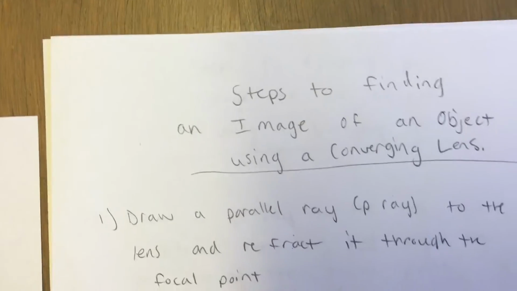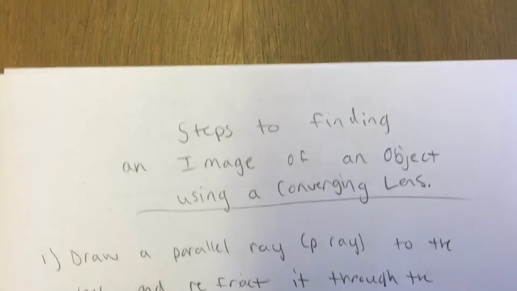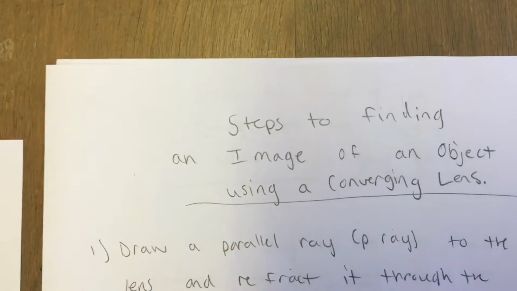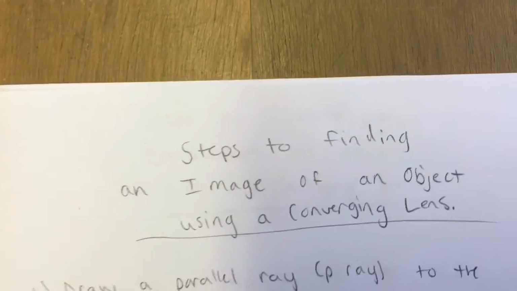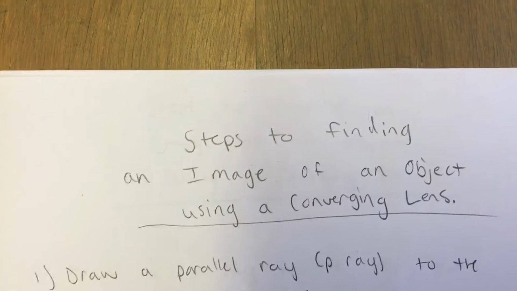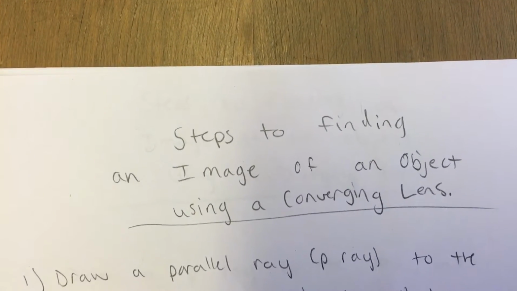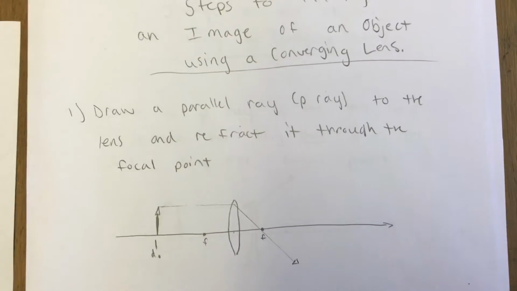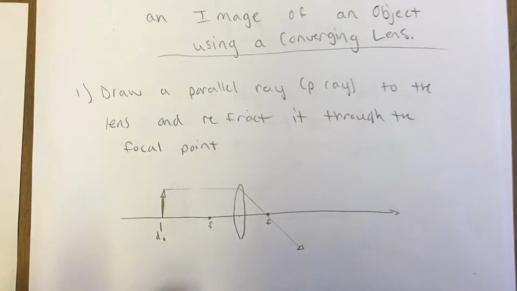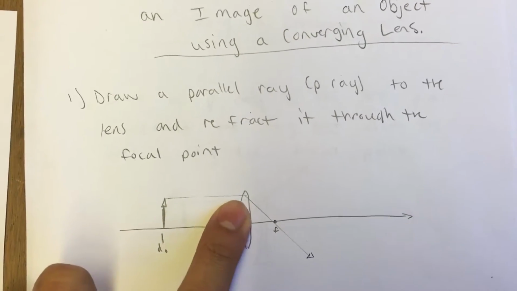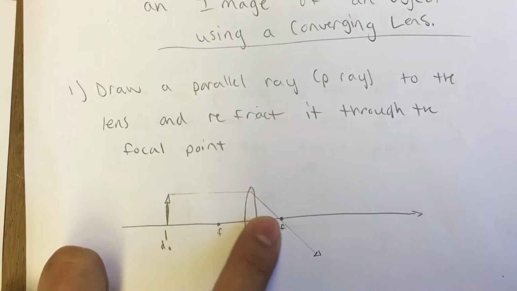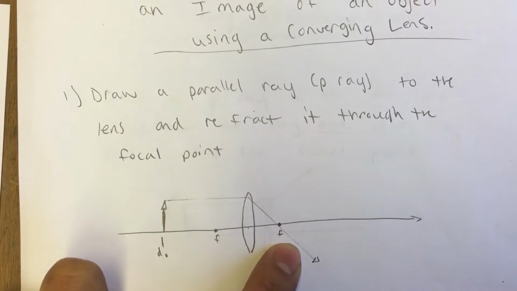We can also find the image of an object by drawing a diagram, and here are some steps to find an image of an object using a converging lens. First off, we want to draw a ray parallel to the axis, then refract it through the focal point.